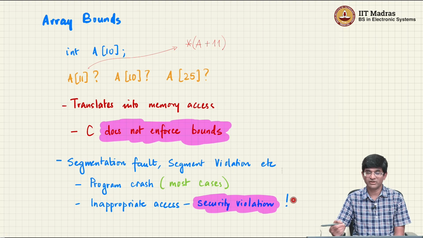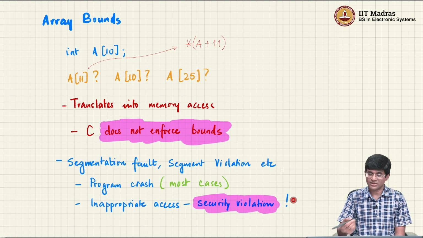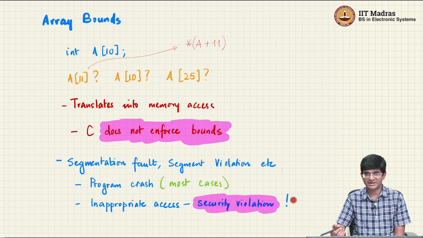There is also an even worse scenario where it does not complain, it actually allows you to access some data, but it is data that you were actually not supposed to have access to. And why I call this a worse scenario is there can be bugs of this sort where potentially one program reads the data corresponding to another program.